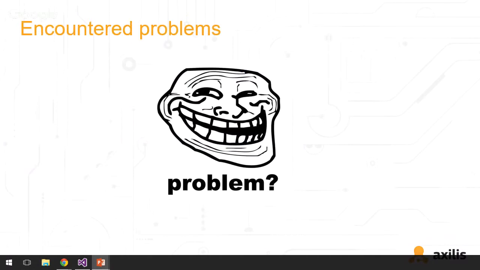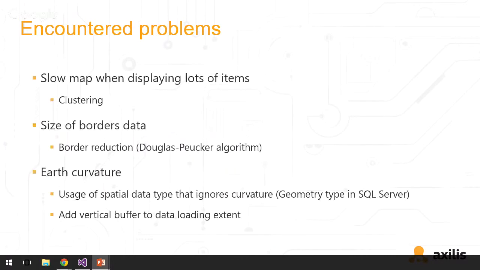So what are the problems that I encountered while working with these libraries? First was that the map slows down when you have lots of items to display on it, and this can be solved through clustering. You have some items that are nearby, and then you cluster them into one item.